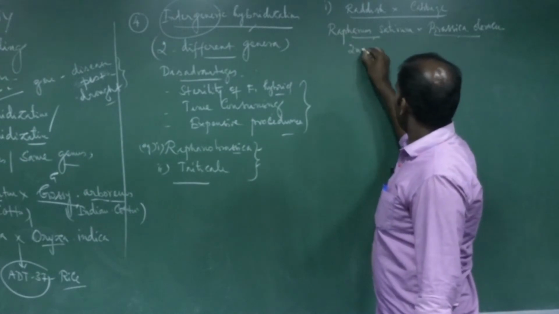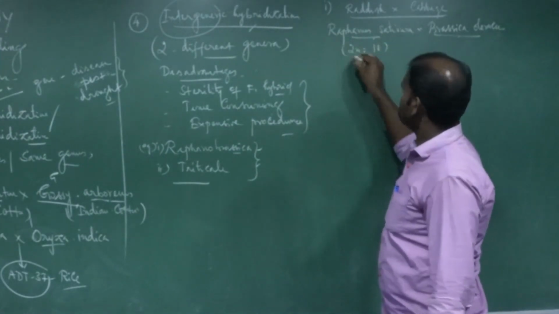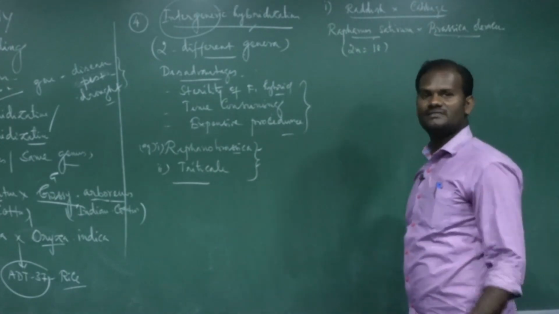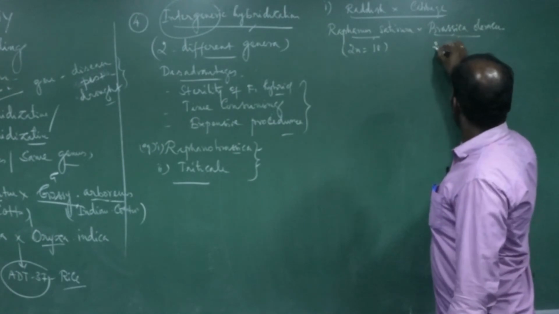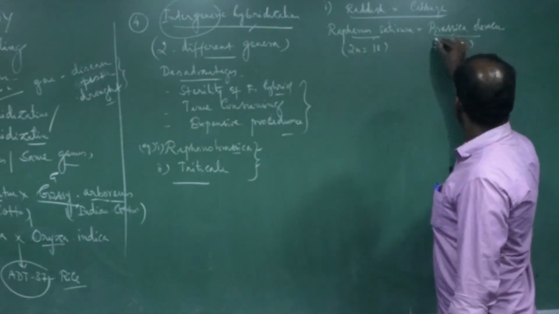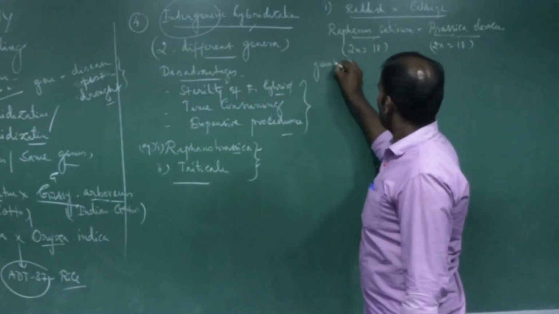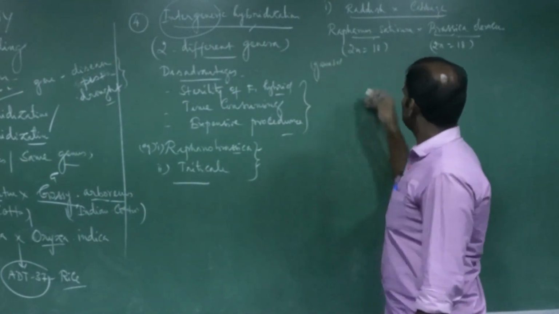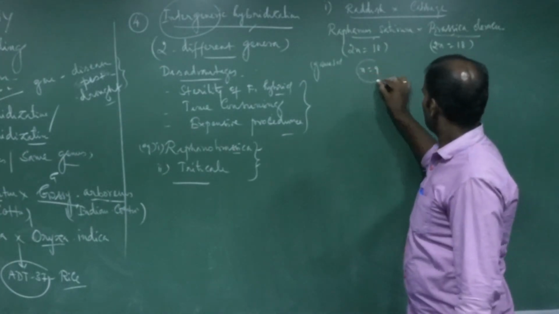The diploid set of chromosomes in Raphanus sativus is 2n equal to 18. Most flowering plants are diploid, with two sets of chromosomes. Brassica also has 2n equal to 18. At the time of gamete formation, the number of chromosomes is reduced by half, so here n is equal to 9.